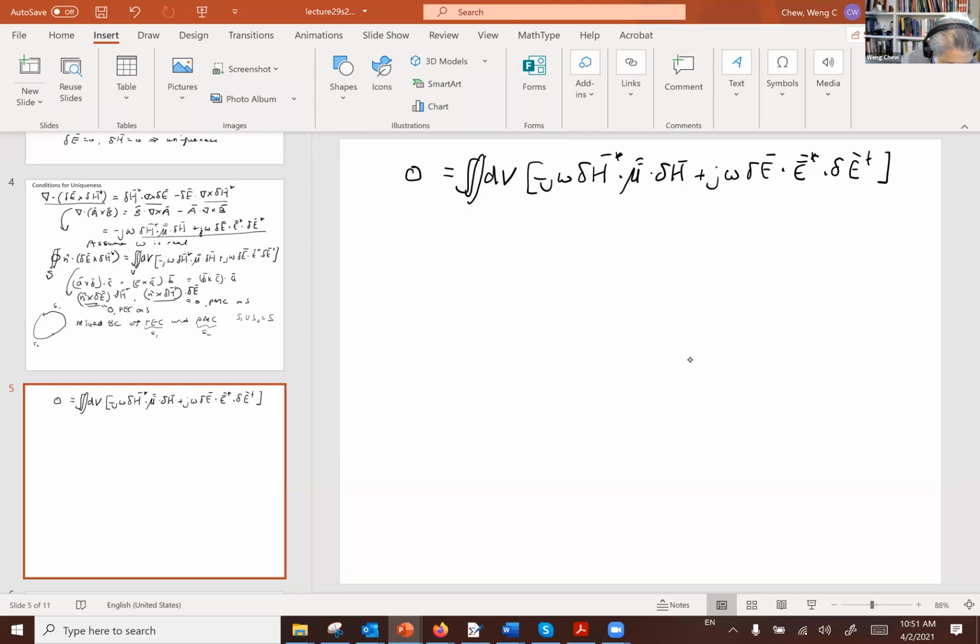This would have to be 0. Does this imply that delta H equal to 0, or delta E equal to 0?